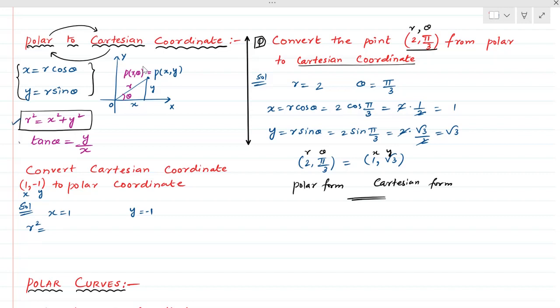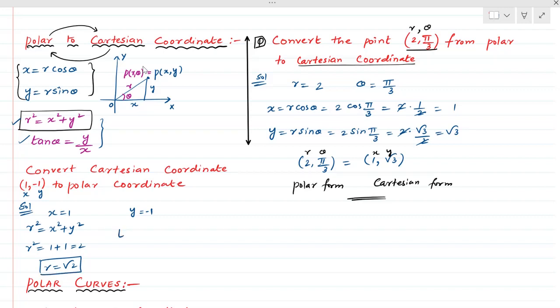By using these two formulas, we convert into the polar form. What is r squared? x squared plus y squared. If you square and add, you will get 1 squared plus minus 1 whole squared, which is 1 plus 1. So r squared is 2, and if you take the root, you will get r equal to square root of 2.